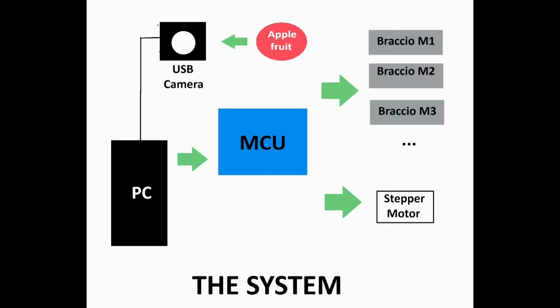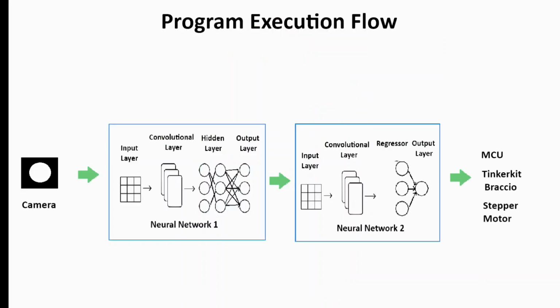The system components are a desktop computer, a USB camera, a microcontroller unit, the Braccio system, and a stepper motor, and of course the apple fruit that will be the target. The program execution flow essentially first gets data from the camera, then feeds it to the first neural network.